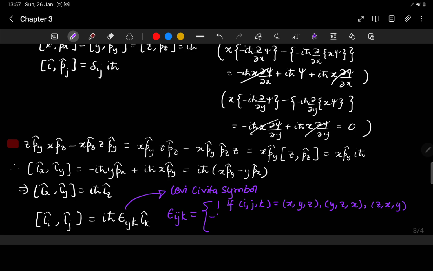This epsilon ijk is -1 if the ijk triplet is z, y, x or x, z, y or y, x, z.